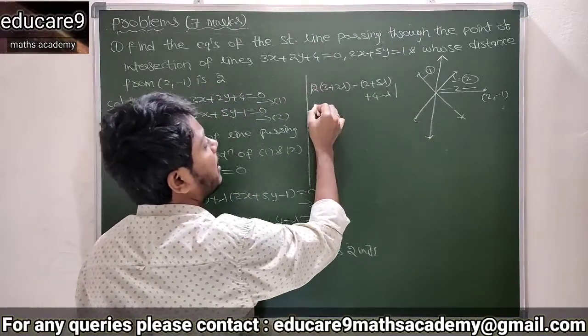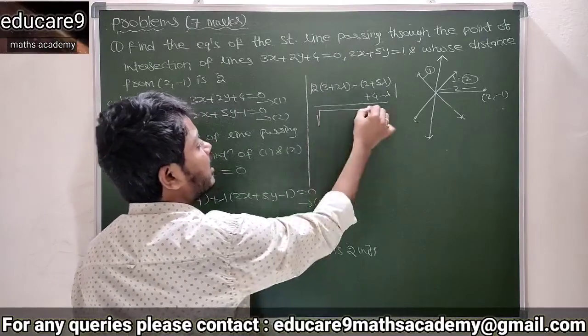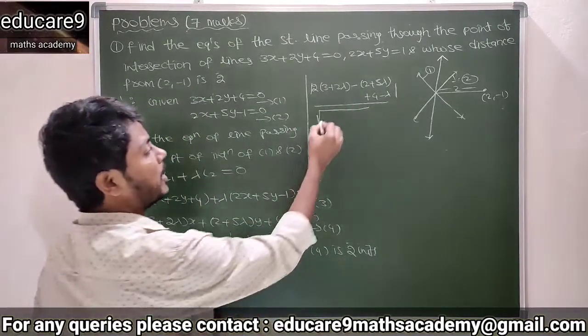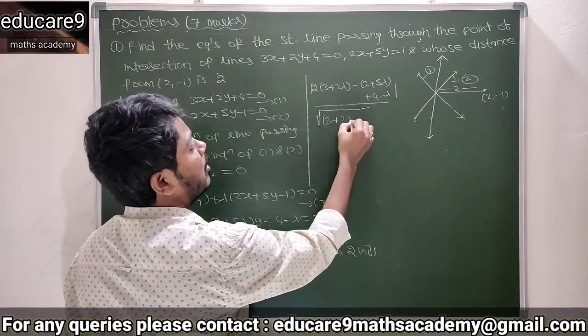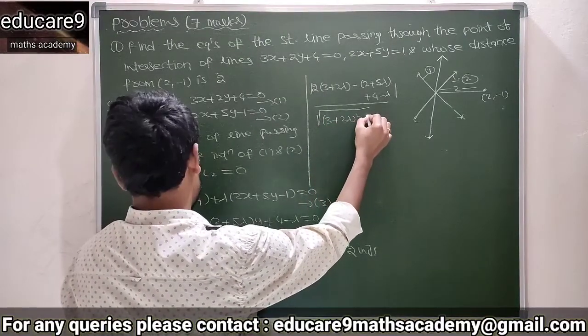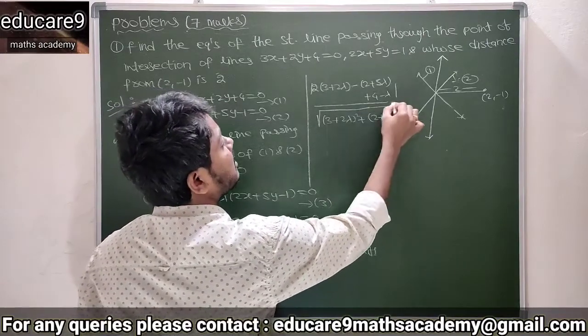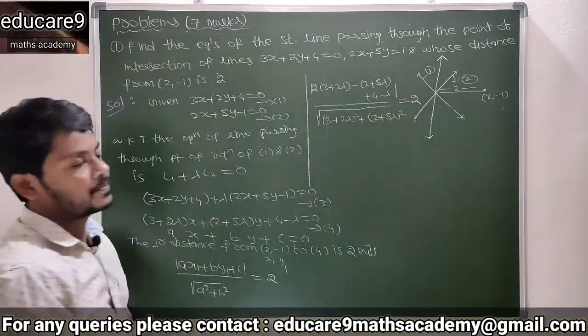So mod, divided by the square root of (3 + 2λ) whole square plus (2 + 5λ) whole square, is equal to 2.